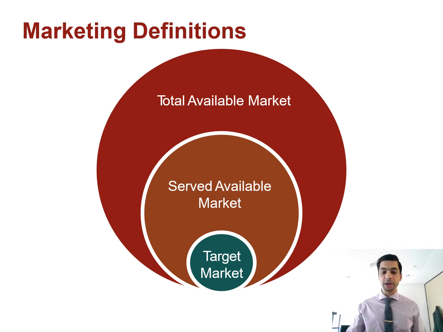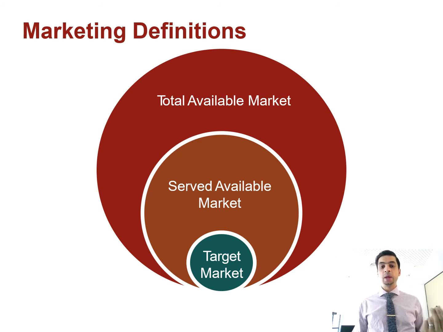You need to identify your target market, and the way you do this, just to re-emphasize, is you look at your total available market. So for example, let's say you're going to bring a product that is going to serve a certain medical requirement. Now your total available market will be all of those that have this certain illness.